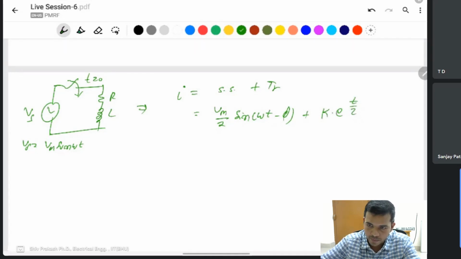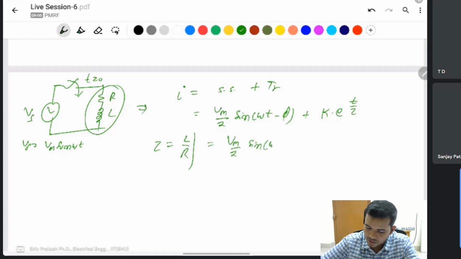This one is the transient effect, and tau is the time constant of the load, L by R. You can put it here: sin omega t minus phi plus k e power minus t by tau.